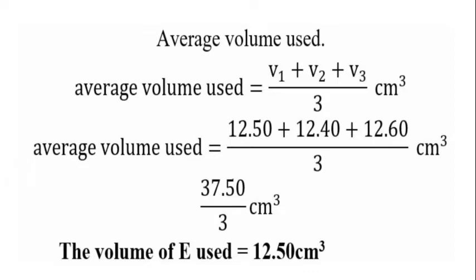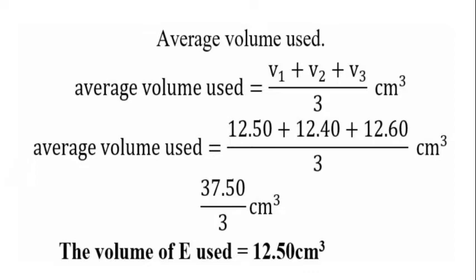According to our titration results, the volume used is 12.5 plus 12.4 plus 12.6 divided by 3. Our total value is 37.5 divided by 3.